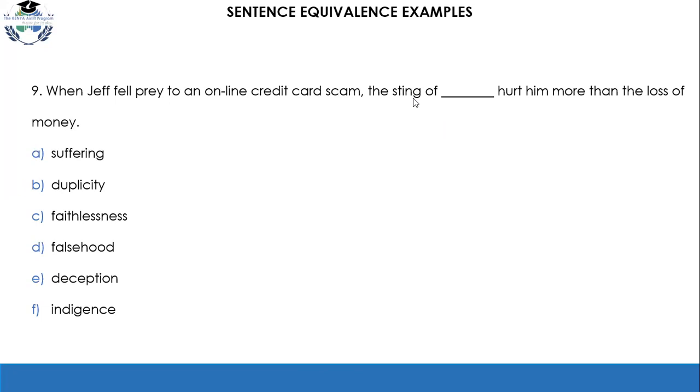I think when Jeff fell prey to an online credit card scam, the sting of, the answer maybe should be the sting of the deception or something, hurt him more than the loss of the money.